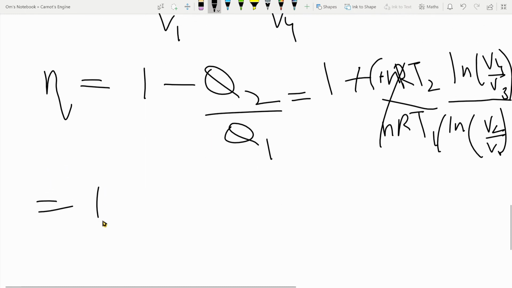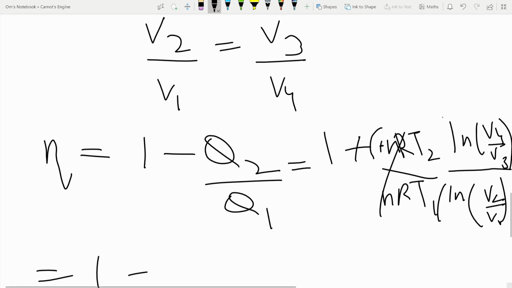I'll also cut this nR and nR. So what I'm going to do next is remove a negative sign from the logarithm. Now remember that logarithms simply represent the power that an expression is raised to. So if this here is V4 by V3 raised to 1, and if I take a negative sign out, this will be equal to V4 by V3 raised to minus 1, and that is nothing but V3 by V4 raised to 1.